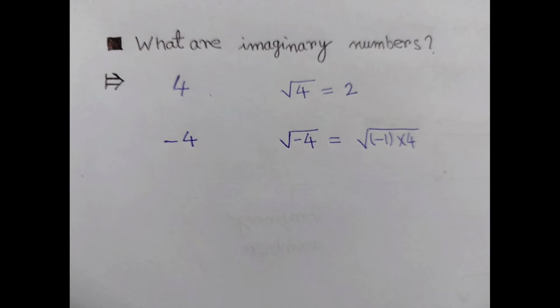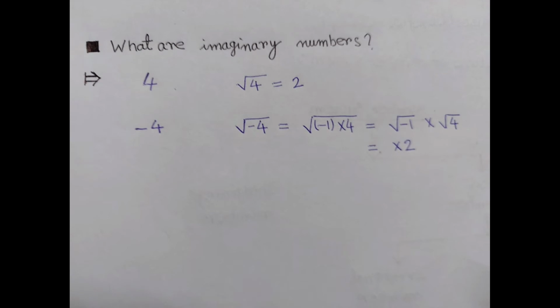In this case, at first we write minus 4 as minus 1 into 4, and then we break the square root as root over minus 1 into 4, and then we find the square root of 4 easily, that is 2. But how do we solve the root over minus 1? In this case, we can use the concept of imaginary number.